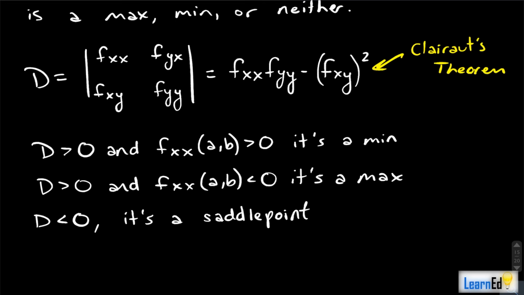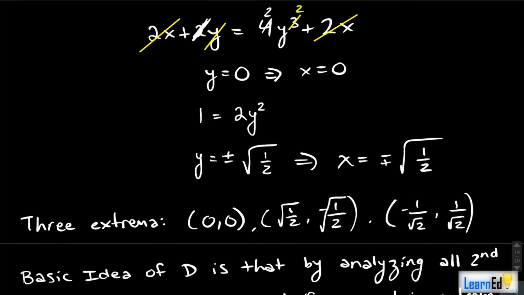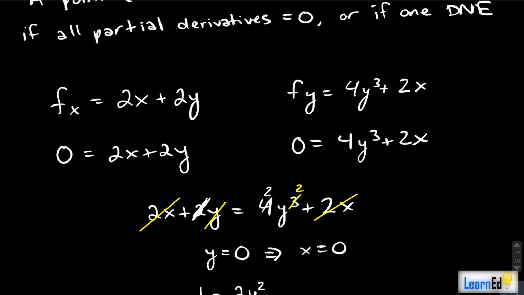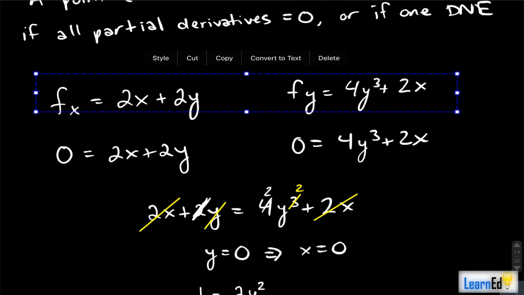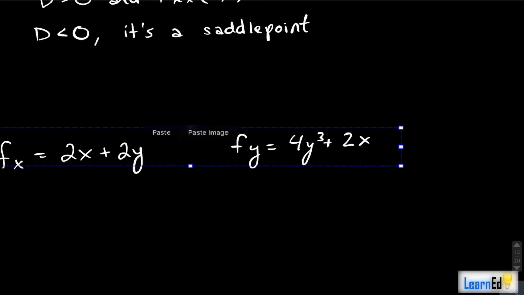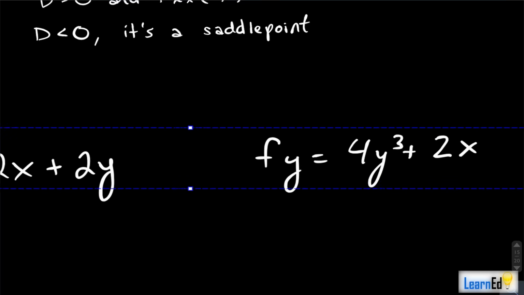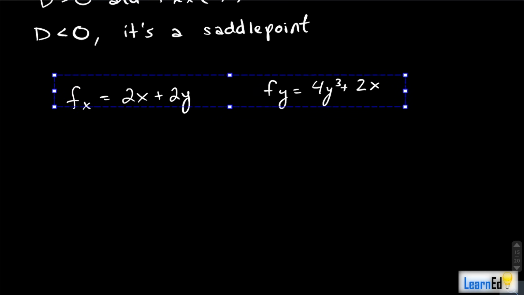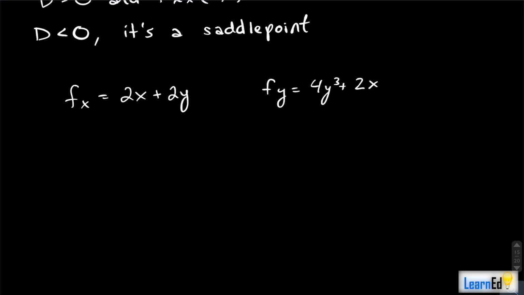So let's bring down our partial derivatives, and then we're going to find the second partial derivatives. Our second partial derivative with respect to x is just going to be 2.